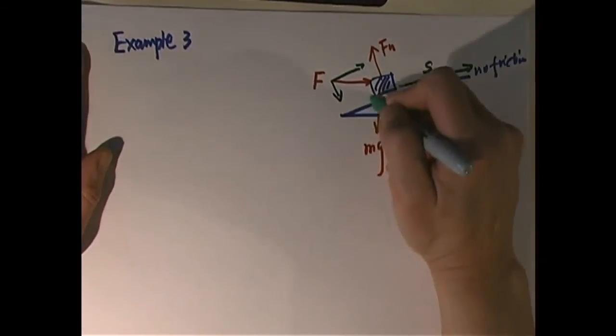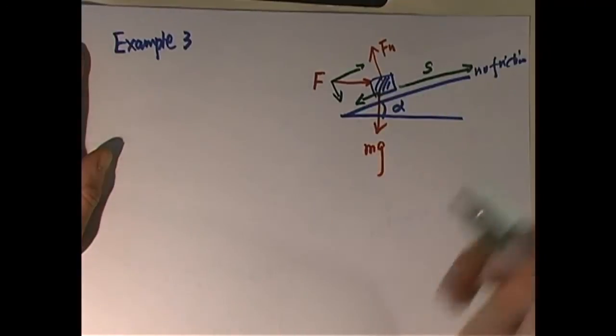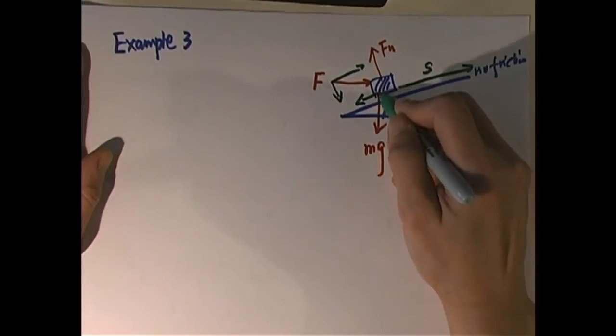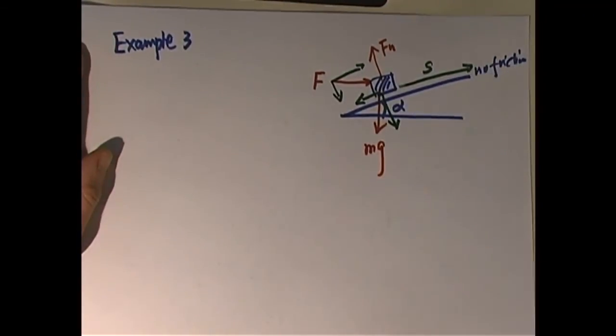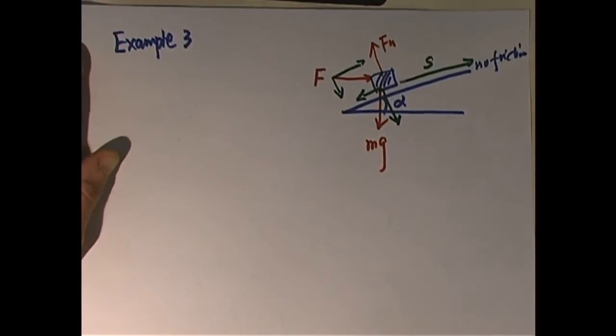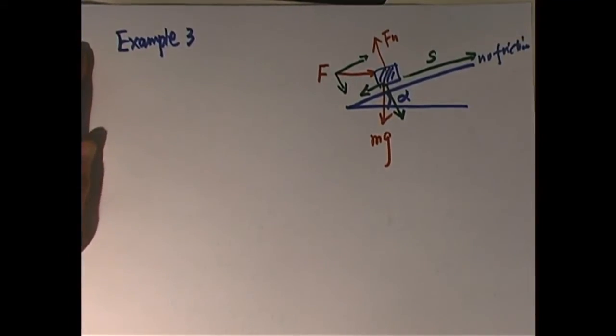Also we split the gravity parallel and perpendicular to the hill. So it is already pretty messy. That's why sometimes chapter 5's technique is not the most efficient way of solving a problem, but still, let's give it a try.